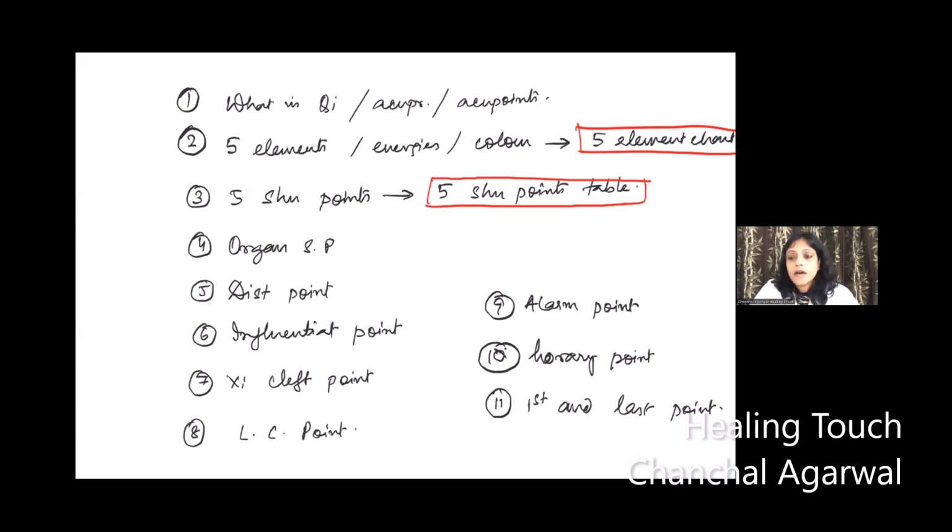So these are some of the areas that should be crystal clear to us. We should not have any doubt in these areas. And you should never have a doubt that these are the areas which are clear to me, but how to use these points.